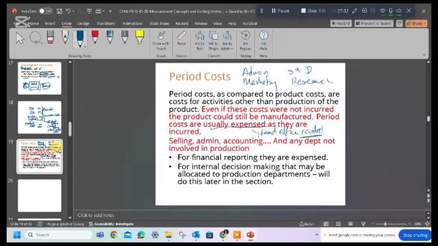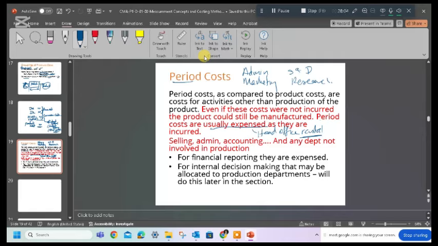For factory rental, we might divide it by the number of units and apply it to each unit, and only when the units are sold will that come as an expense. If no units are sold in a month, factory rent might not come to the income statement. Repeat, these period costs are not connected to the number of units at all. Whenever they are incurred, they are expensed in the P&L. They will be shown as an expense.